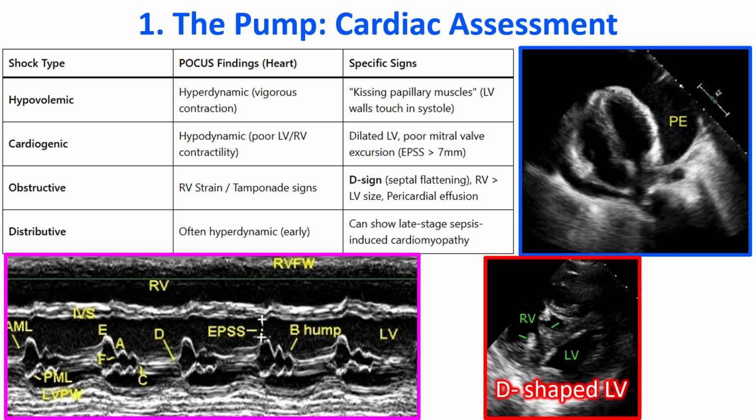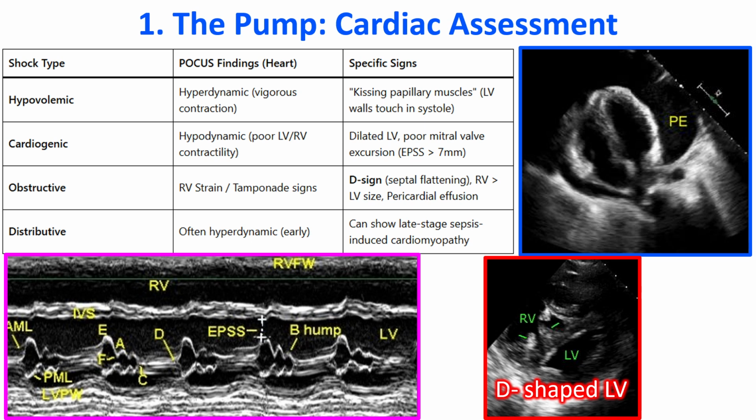Obstructive, you can see right ventricular strain in pulmonary embolism, or you could see signs of tamponade like pericardial effusion with right-sided chambers, diastolic collapse. And in pulmonary embolism with right ventricular dilatation, the contour of the left ventricle changes from a circular to a D pattern.